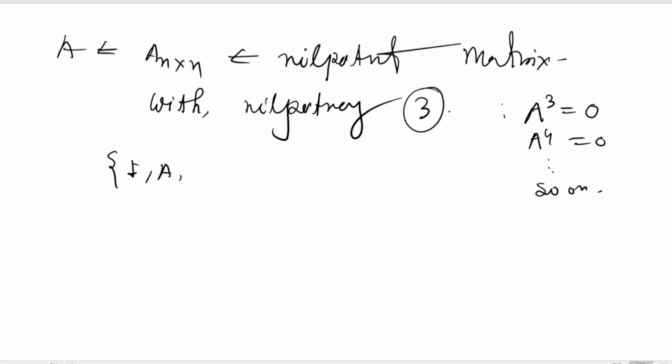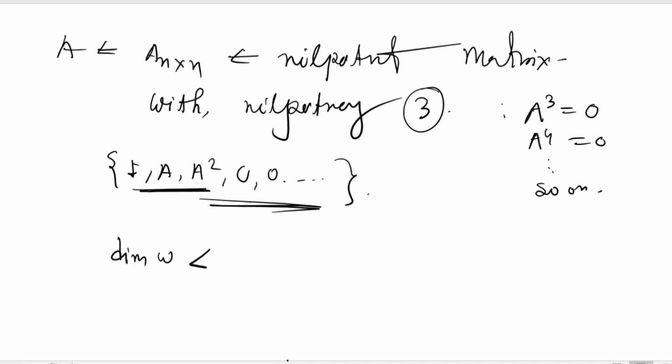So the set is I, A, A squared, 0, 0, ..., 0. This set is not linearly independent, because the zero vector is contained in it, and every linearly independent set cannot contain the zero vector. So the dimension of W in this case is less than n, that is, less than or equal to 3.